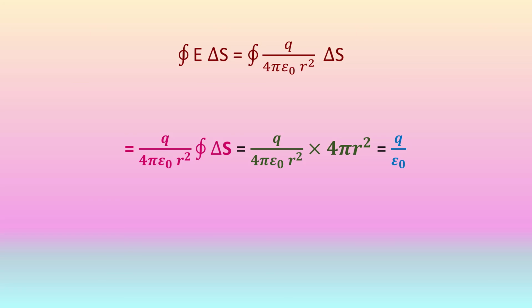Hence, this delta S has to be integrated, and the integration of delta S through a spherical Gaussian surface gives 4 pi r square. By manipulating all these values, we get Q upon epsilon naught. And this is the value which represents Gauss law, that the total flux enclosed by a surface is equal to the total charge upon epsilon naught. Here epsilon naught is the permittivity of free space.